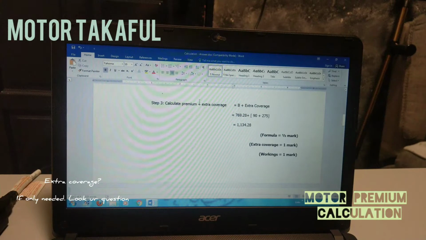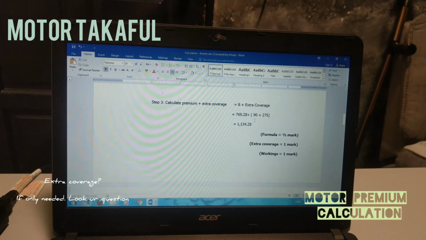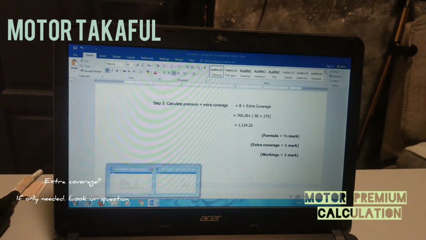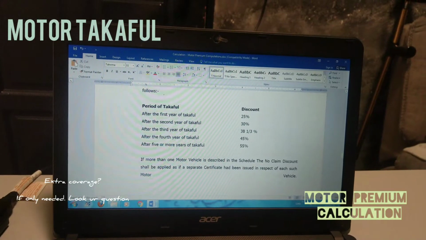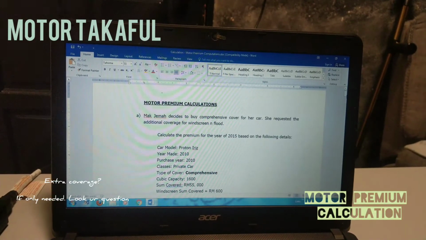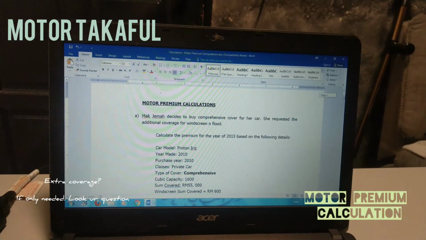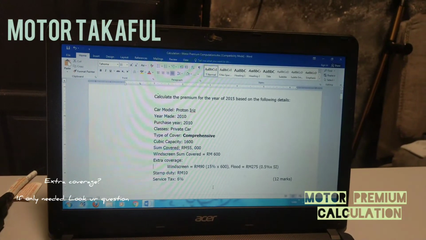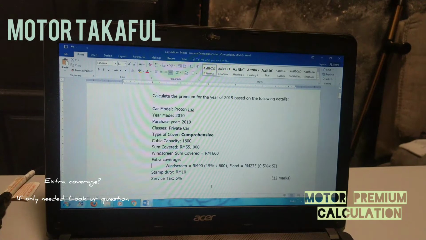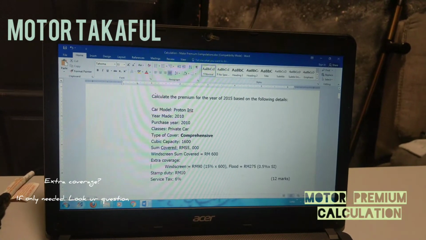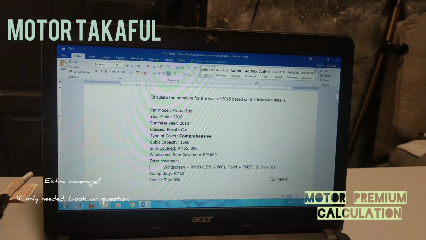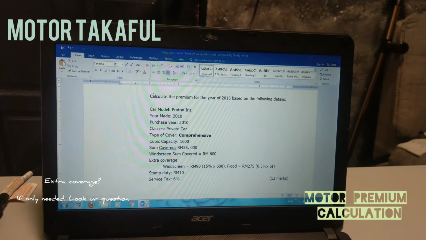In step 3, calculate the premium plus extra coverage. In the question, Mak Jemaah is asking for additional coverage on windscreen and flood. Normally the details will be given in the question. So windscreen is 90 ringgit and flood is 275.